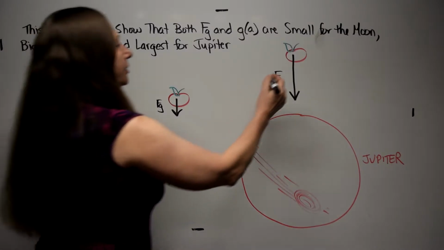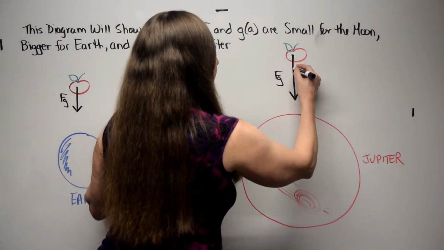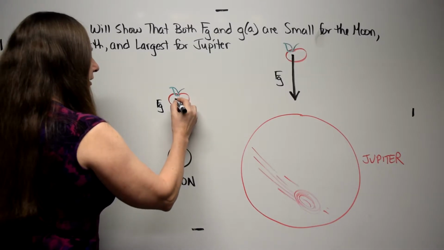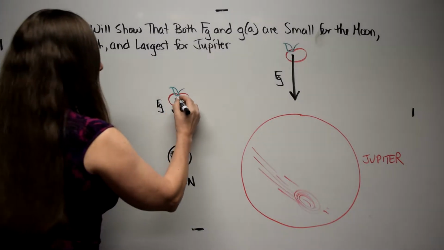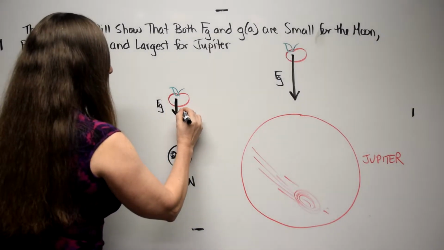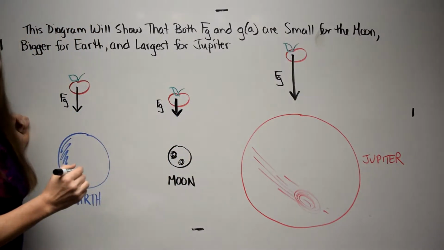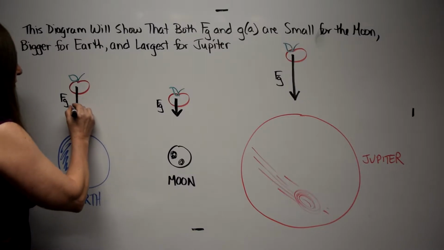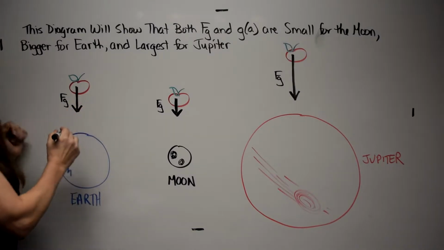Now, these are the gravitational forces. Right? The smallest gravitational force on the same apple would be when you put the apple near the Moon. A medium gravitational force would be when you put the apple near the Earth.